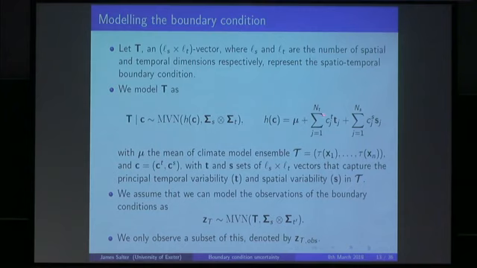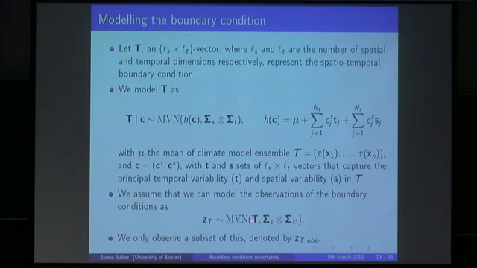Then we add linear combinations of a small number of basis vectors which represent temporal variability, these Tj. And then we also add a small number of basis vectors which represent spatial variability. So we just have these nt plus ns coefficients that we need to set, and from that we can generate a full spatial-temporal field.